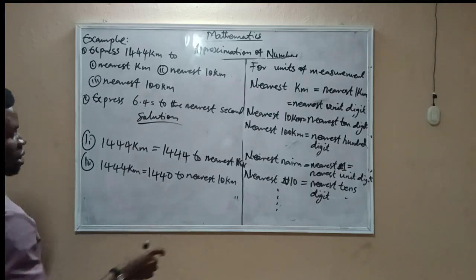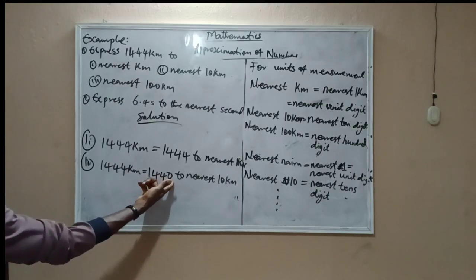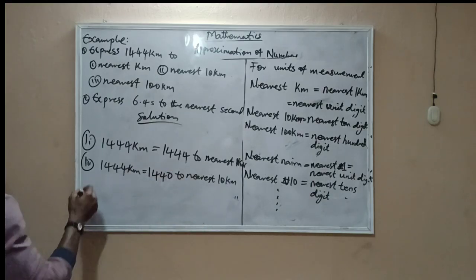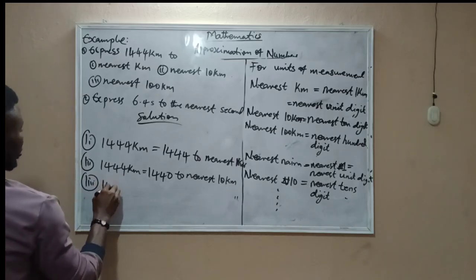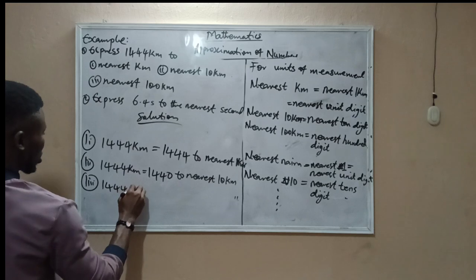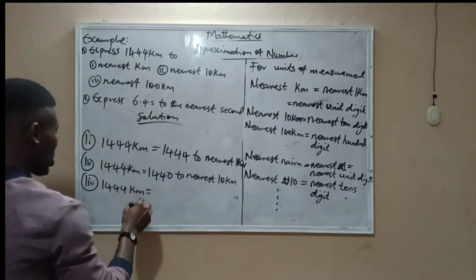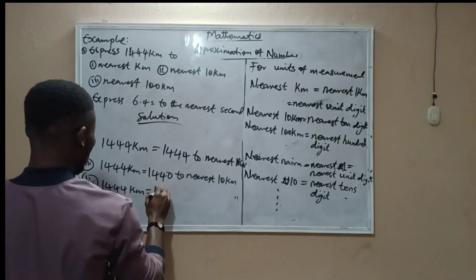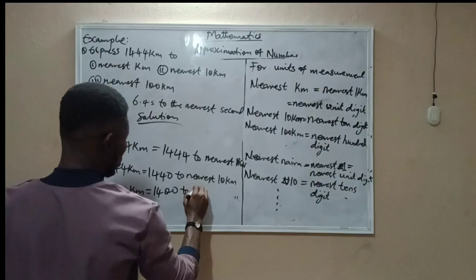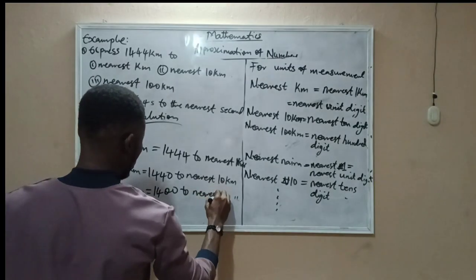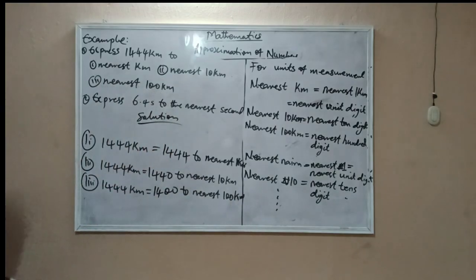So the nearest 10 kilometer is here, consider here. The other digit is not up to 5, so we will leave it as 0. And 1444 kilometer to the nearest 100 kilometer is equal to 1400 to the nearest 100 kilometer.